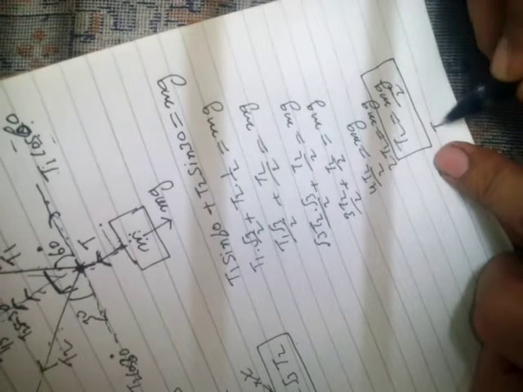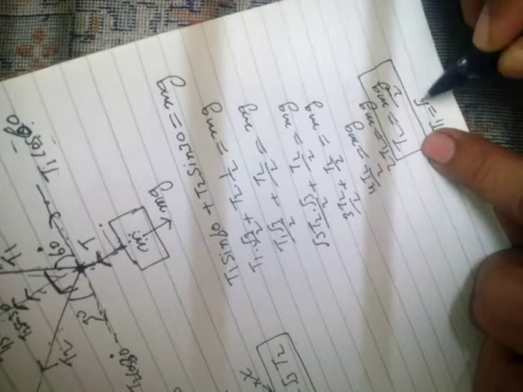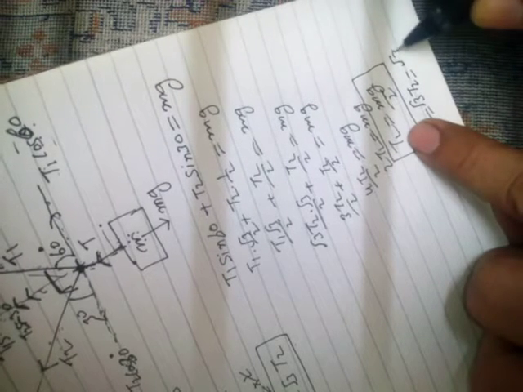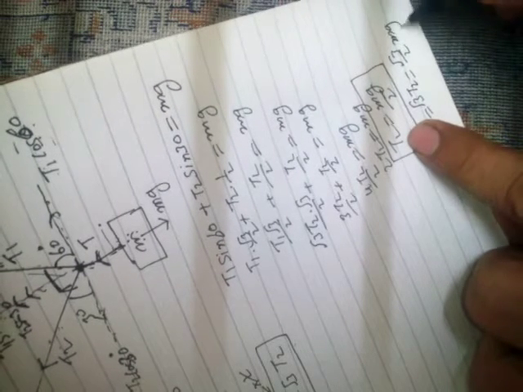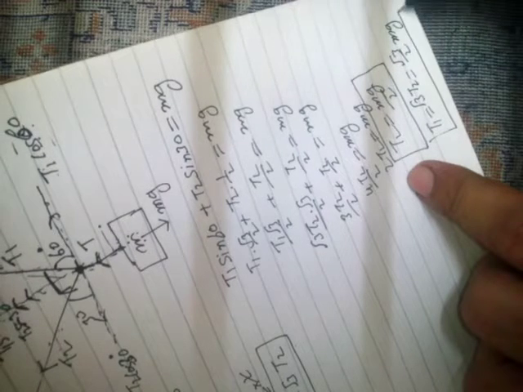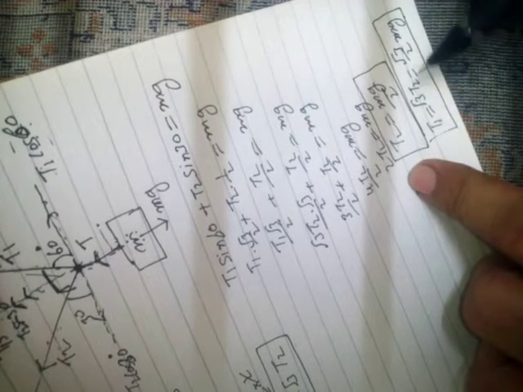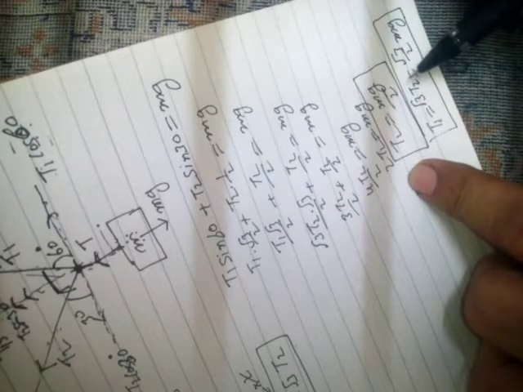Very clear? Then T1 would be root 3 times T2, equal to root 3 by 2 mg. So this is T1 tension. We got T1 root 3 by 2 mg. We got T2 mg by 2. Now let us find out the T tension.